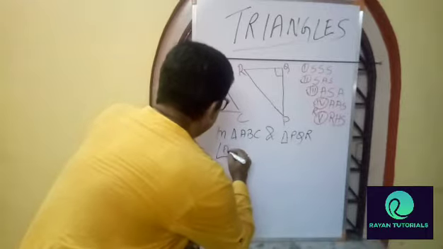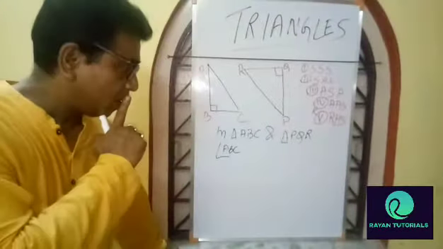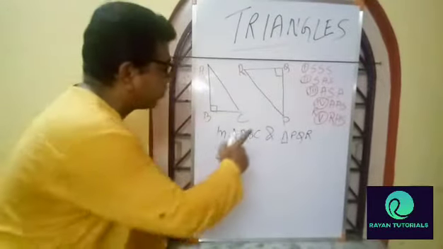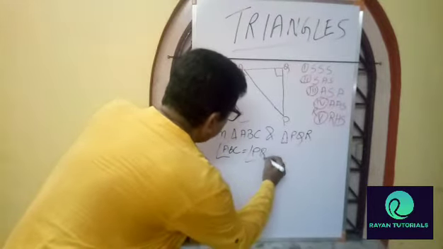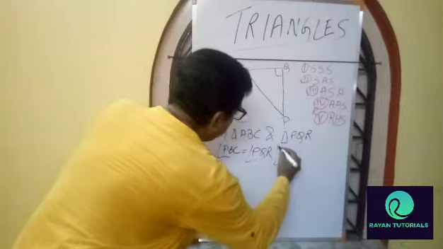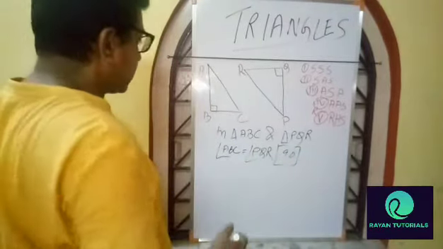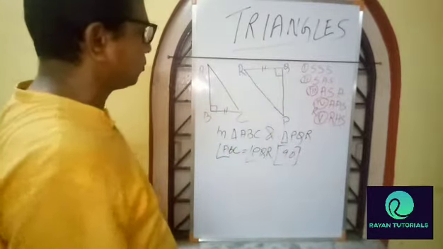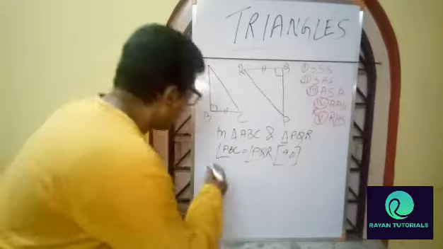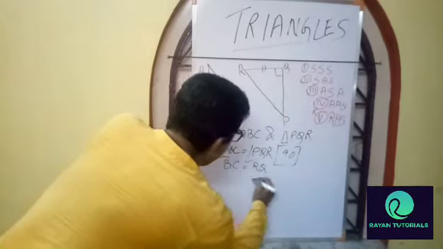So angle ABC is equal to angle PQR. Why? 90 degrees. Let us assume that BC is equal to RQ.